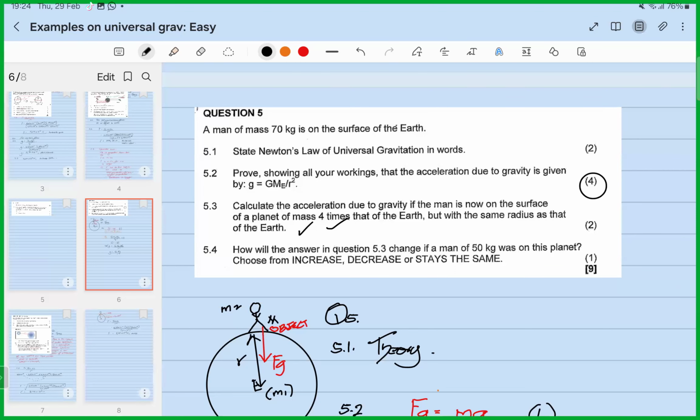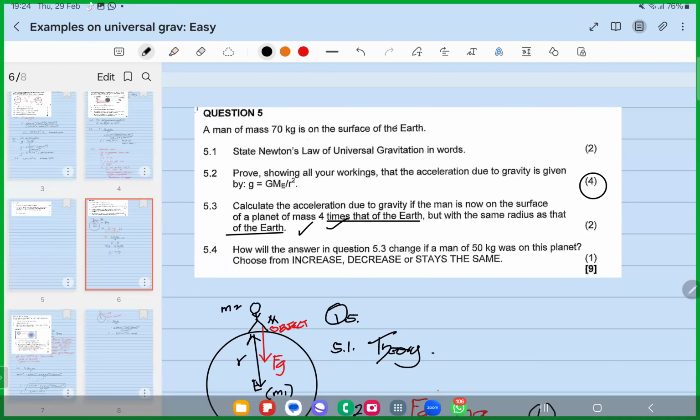Now, I can't remember which year I took this out from, but you can be guaranteed that the mass of the Earth is going to be given to you in your data sheet. And the radius of the Earth is also given to you on your data sheet.